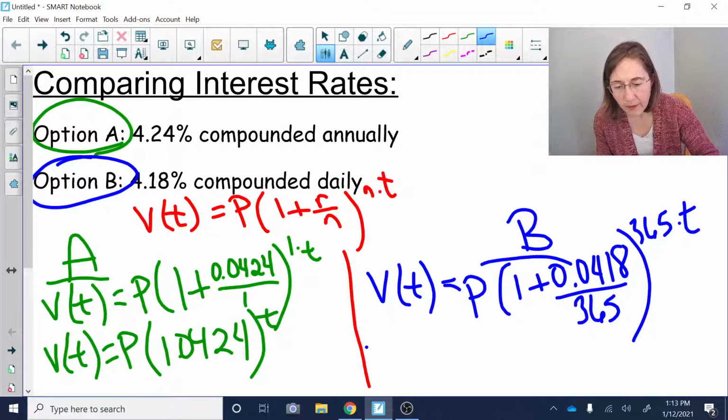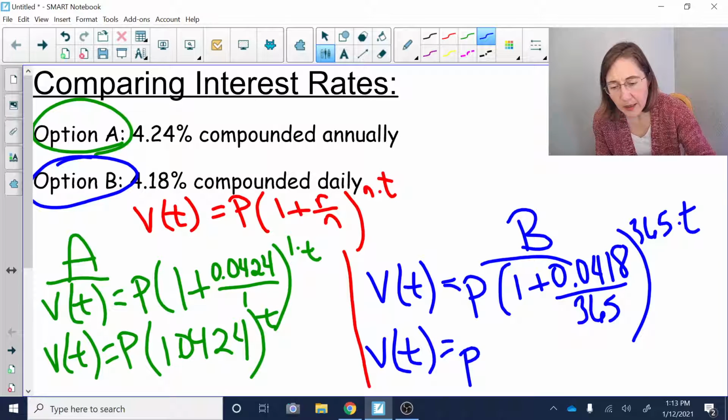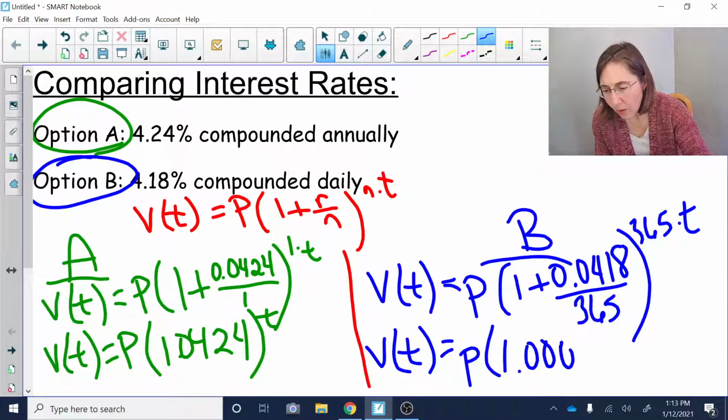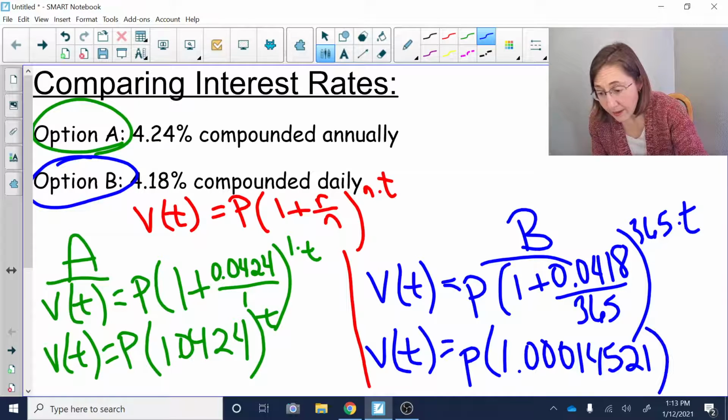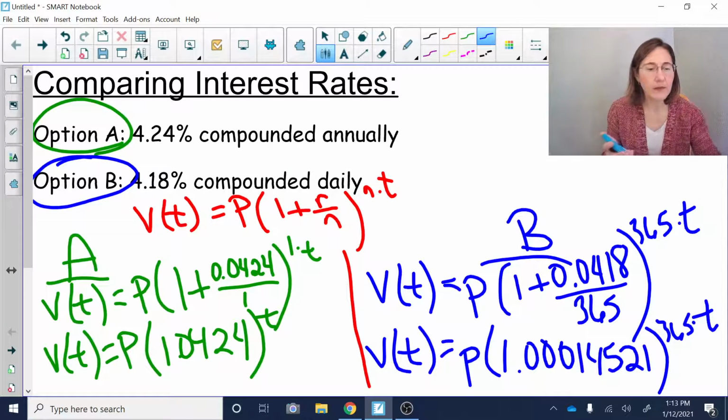So I have V of t equals P times 1.0001452 1 to the 365t power.